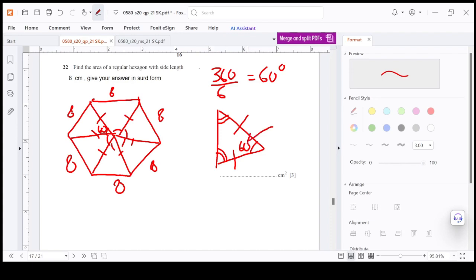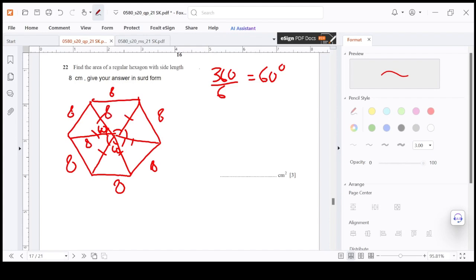So that makes this 60 and this 60 as well, because you'll do 180 minus 60 divided by 2, that's 60 again. So actually, all these triangles are little equilateral triangles. All angles are 60 and also all lengths are 8.